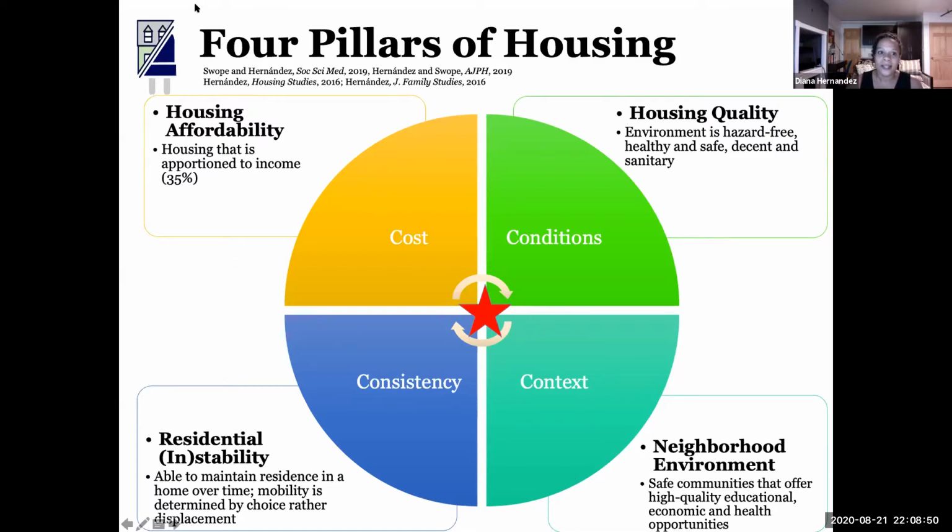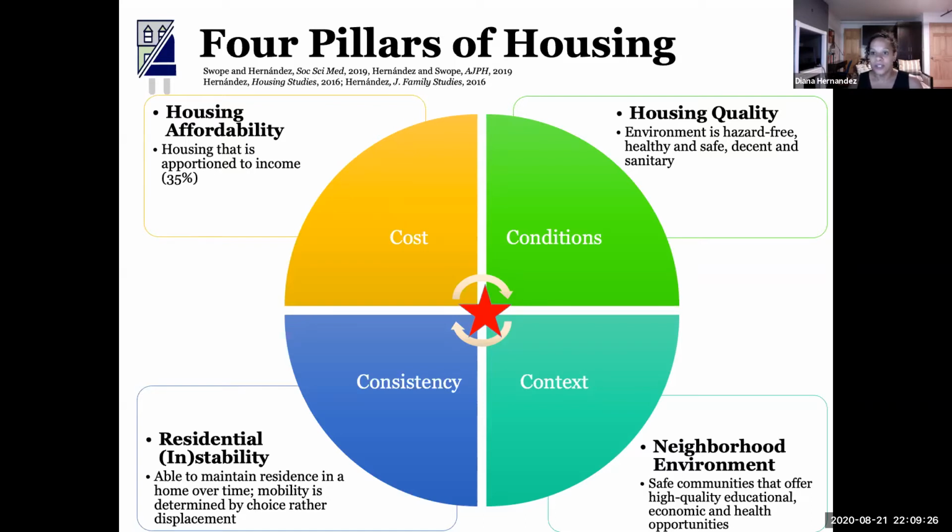So just thinking about how do we think about housing, right? A lot of times in public health, there's been a lot of discussion about specific conditions like lead exposure or exposure to mold, for instance, that are linked to health. What I've been doing is to think about, well, what are the big buckets of housing that impact health? And that has really led me to these 4 C's: cost, conditions, consistency, and context.